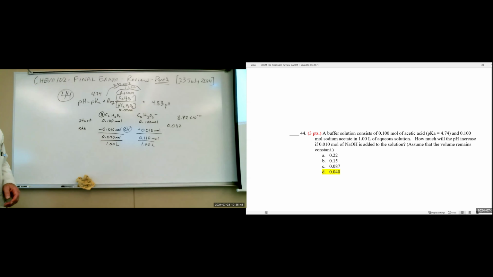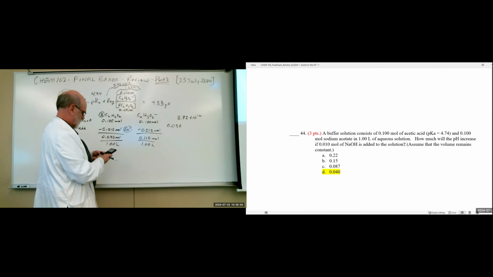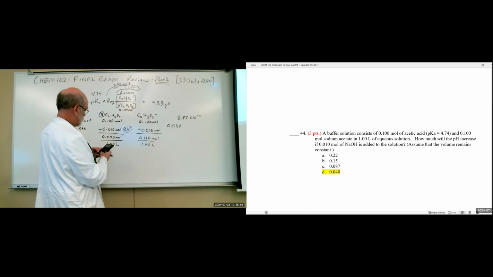Let me calculate it one more time. 0.110 divided by 0.09 is 1.222. All right, then the log of that is 0.087.